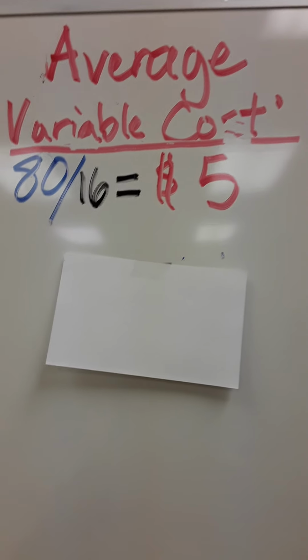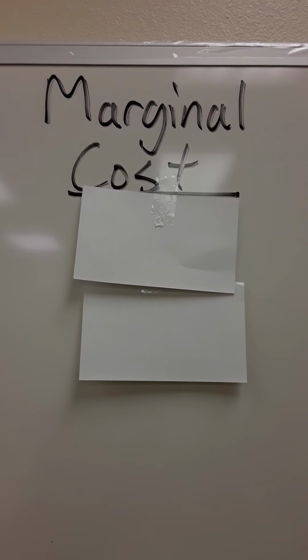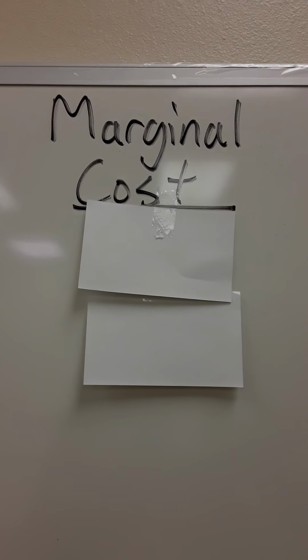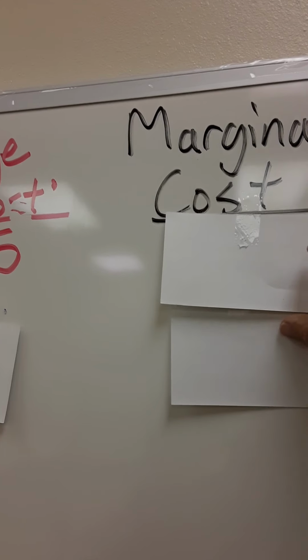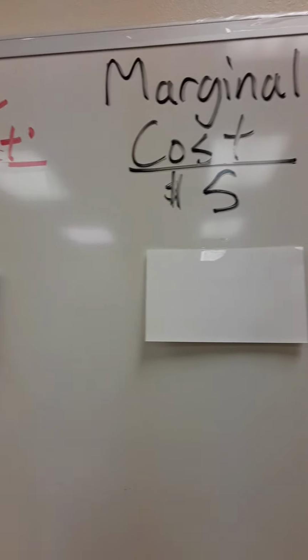So that'd be $5. Now the marginal cost is the one where you would have the amount to produce one more. But since we're starting with 16, we'll use this as $5.